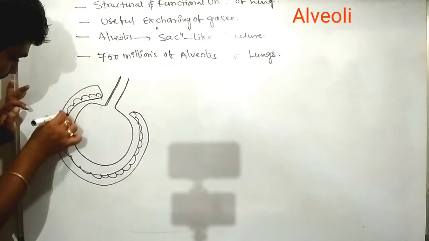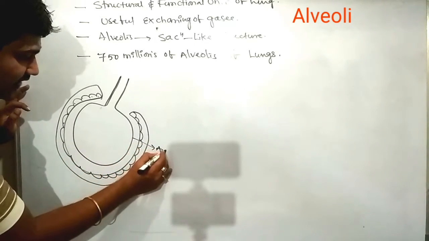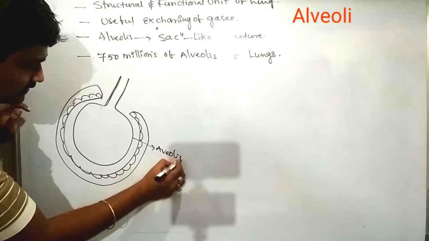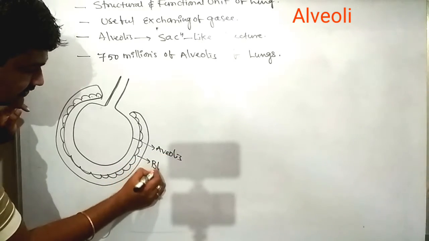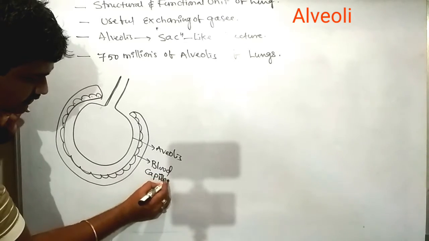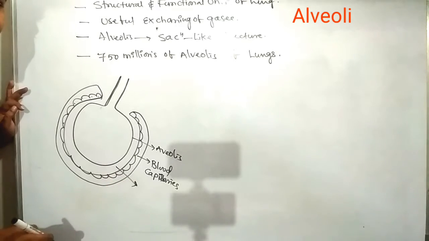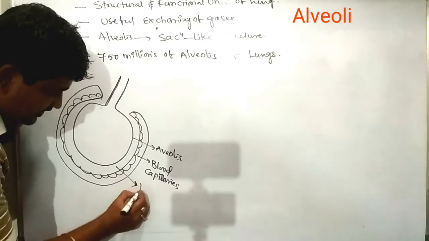These are known as the alveolar blood capillaries. In between the alveoli and blood capillaries there is a space.